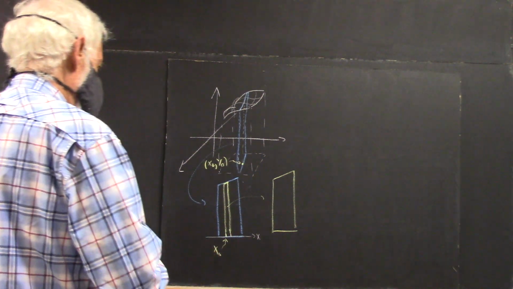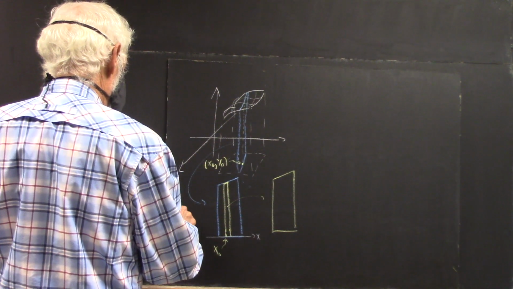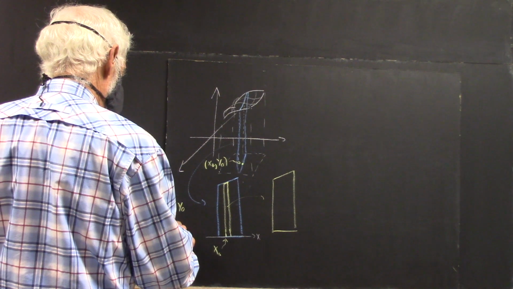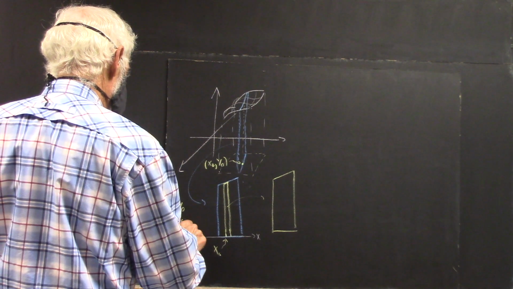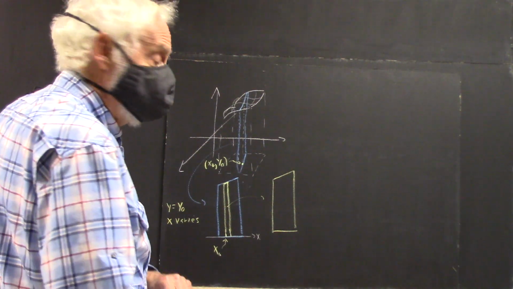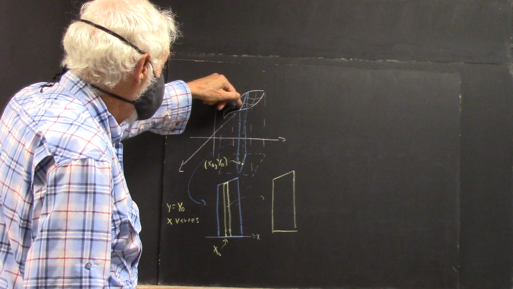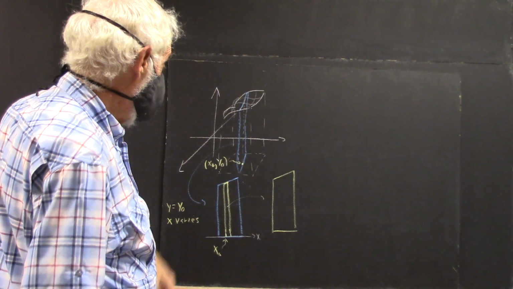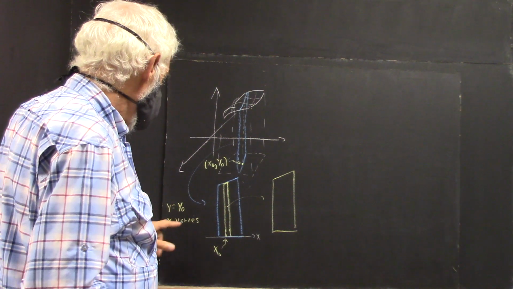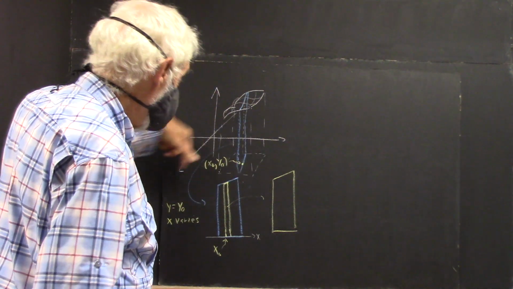For all points here, y equals y naught, and x varies along this line. Along points there, the y naught is the same at every point. The x value changes obviously because x is in this direction.